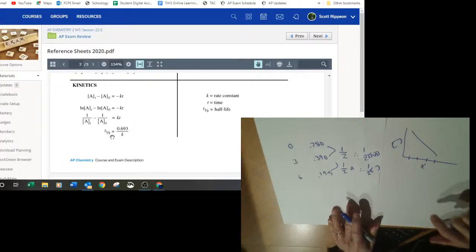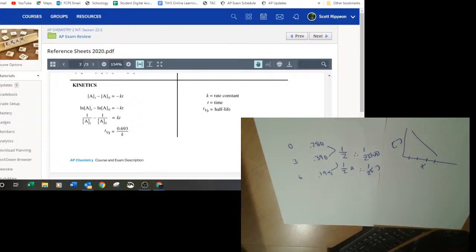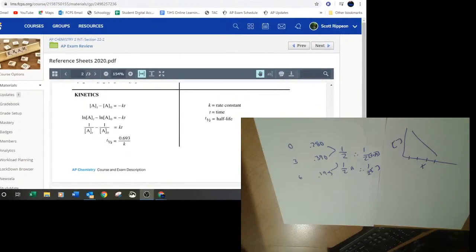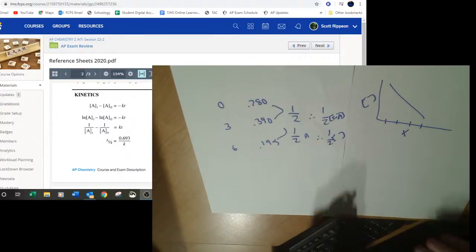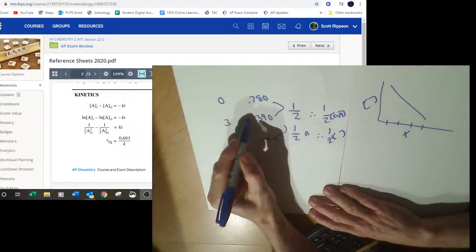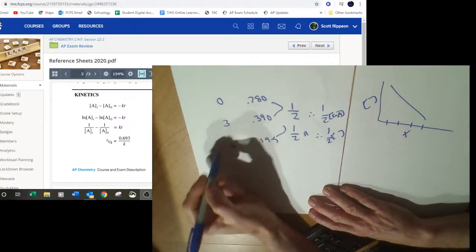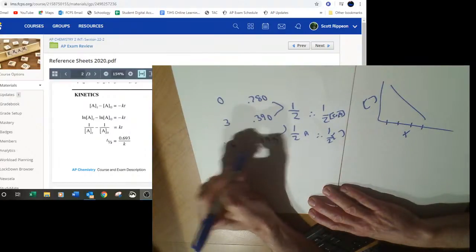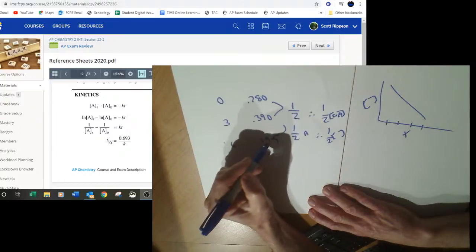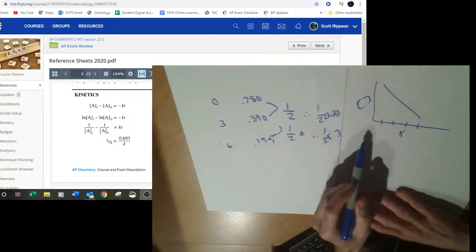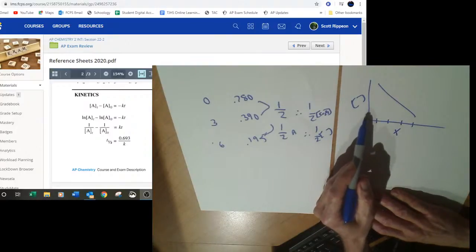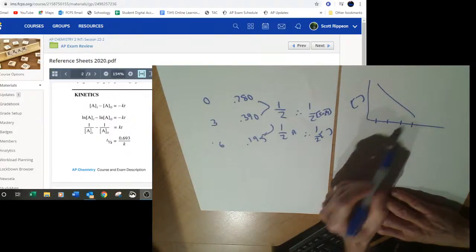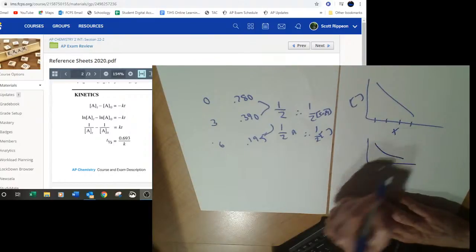Now in this case, that's clearly not the case, because, let me show you something here. From here to here, a time of 3 minutes, we get a change of 0.39. From here to here, we get another 3 minutes, and we get a change of 0.195. And so clearly this is not 0th order, because it's not decreasing linearly. So what we're seeing is some sort of curvature.